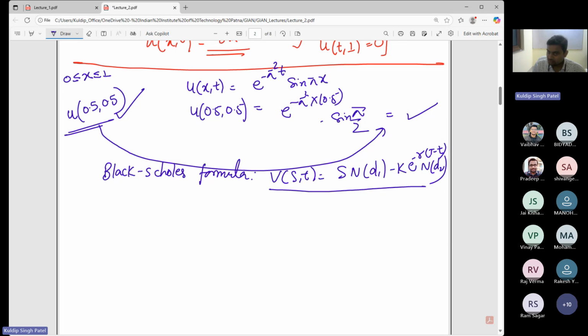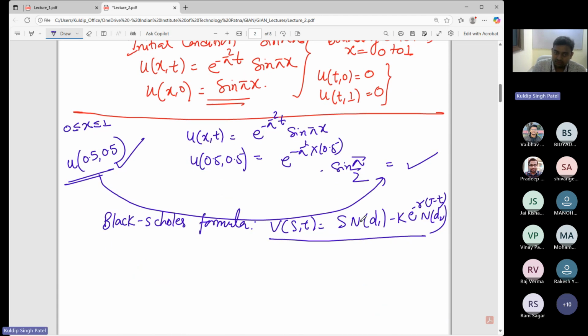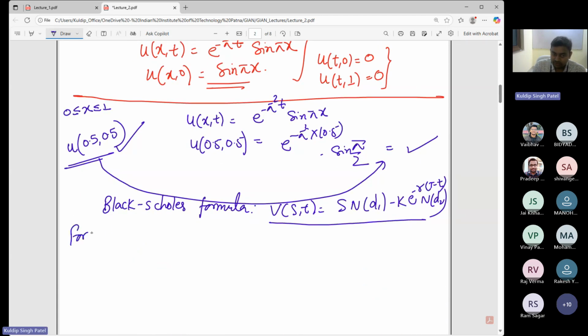This much is clear to each of us. But suppose you don't have an exact solution, then how will you find this value? Take the heat equation, for example.